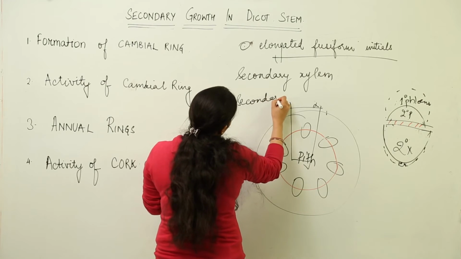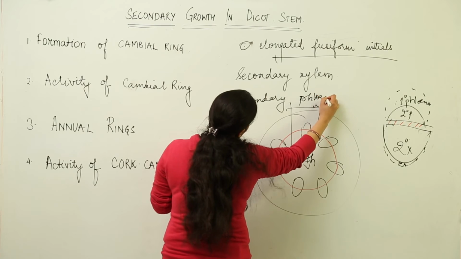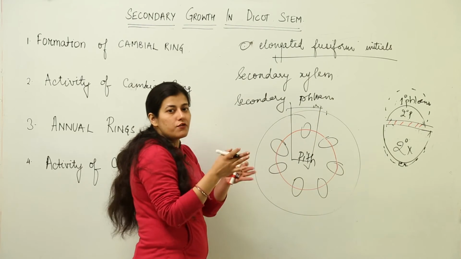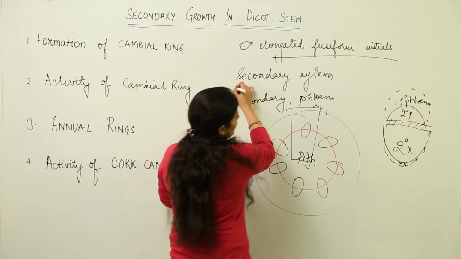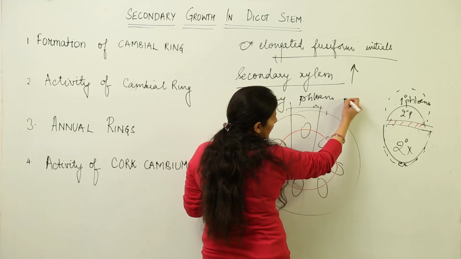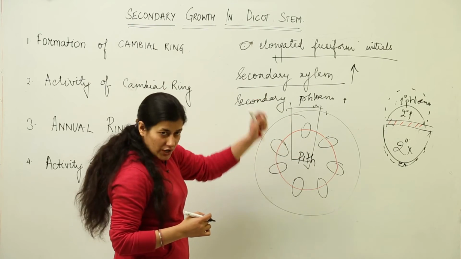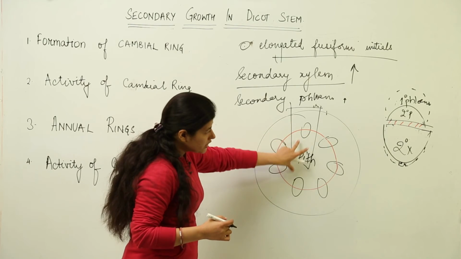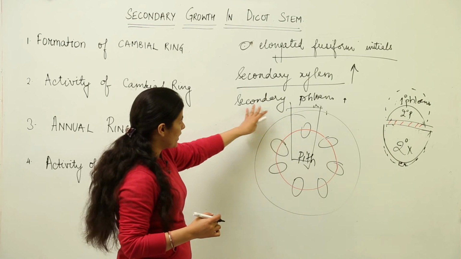This you have to remember. Now do remember, while these two secondary tissues are being formed, the previously formed primary tissues would get crushed, and because the formation of secondary xylem is quite rapid as compared to that of phloem, it is certain that the secondary xylem would crush the primary xylem, it would crush the pith, and it would crush the secondary phloem as well. This is to be kept in mind.